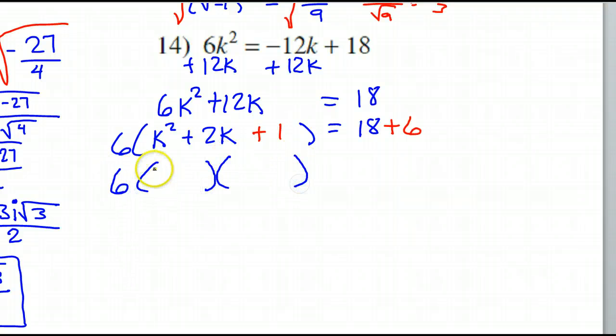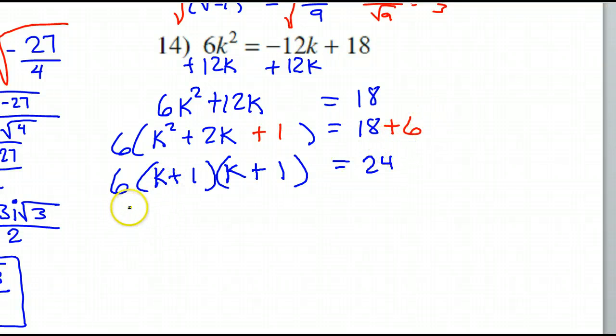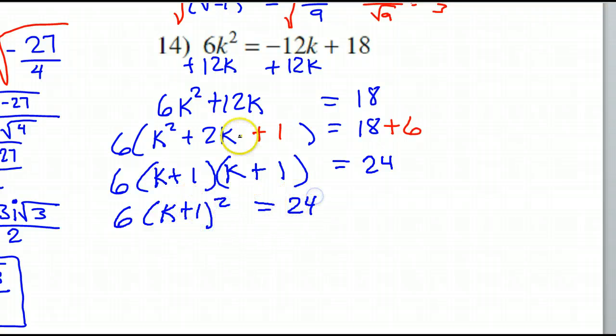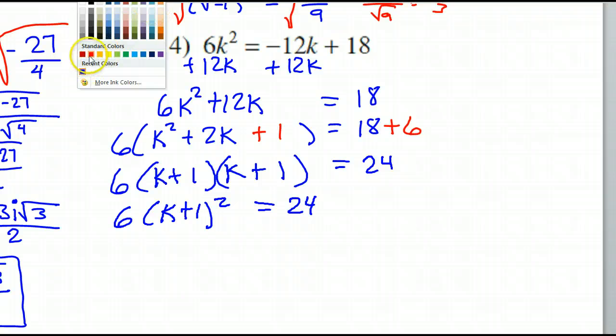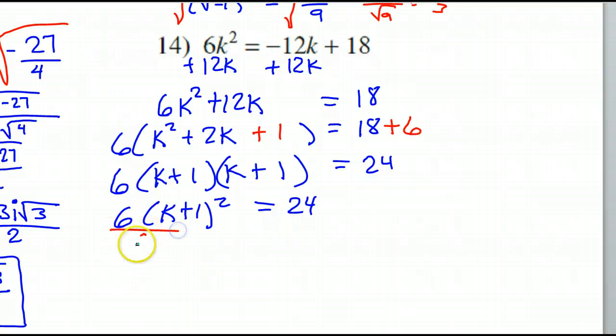Factor this twice. It seems like it's the same stuff over and over again. And this is going to be 24. Yay. So that'll be 6(k + 1)² = 24.